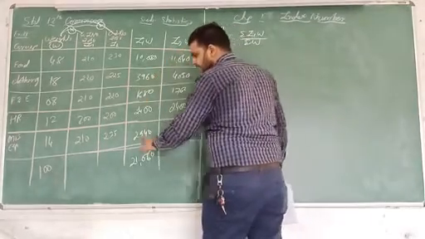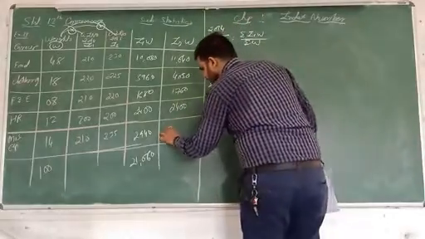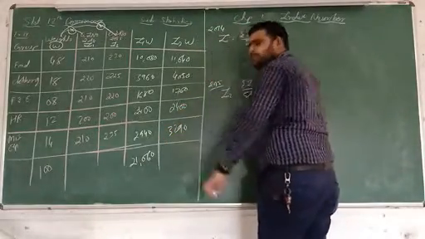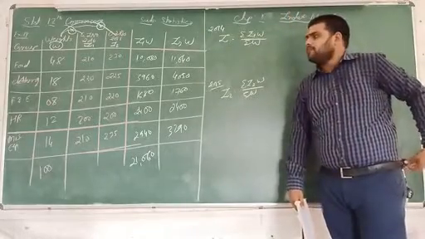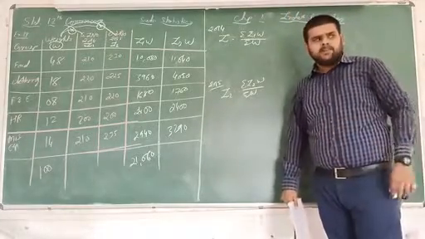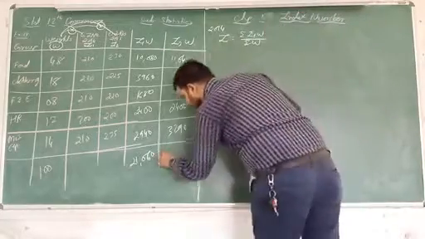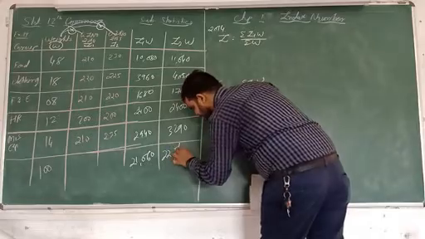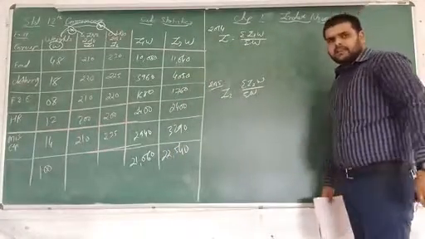And here 235 into 14, the answer will be 3290. In this way, again with the help of a calculator, we find I2W for the weighted index number. The total is 22,540. So now we have both the totals.